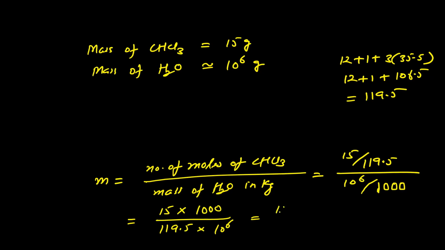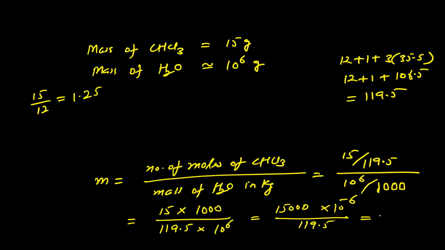Effectively, it is 15,000 into 10 to the power minus 6 divided by 119.5. You can do approximation also because you can consider this as 120. 15 by 12 will be approximately 1.25.